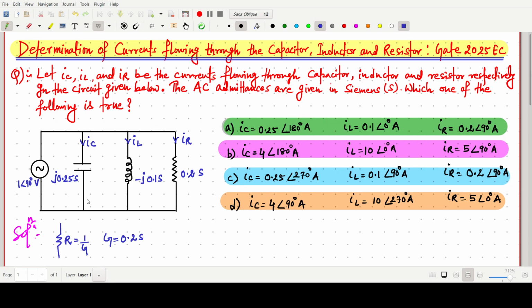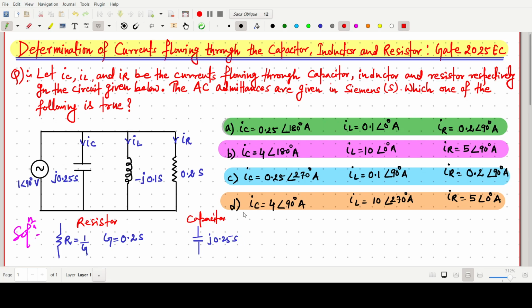So here what we are observing is that this one is for the resistor. Now for the capacitor first, this value is j0.25 S. This one is our capacitor.